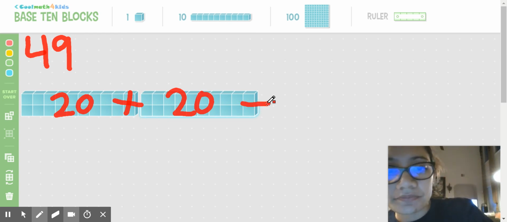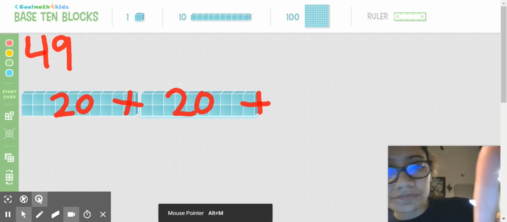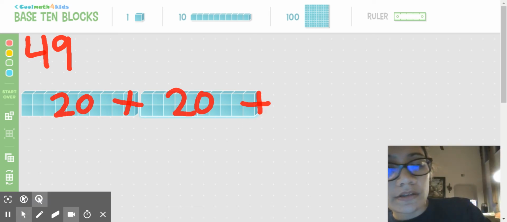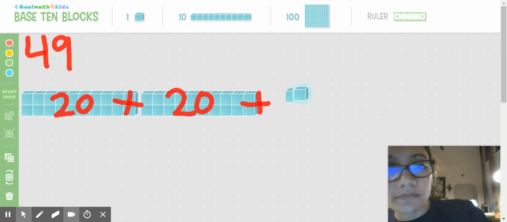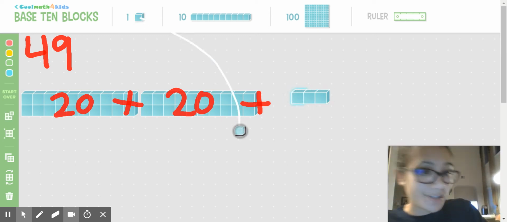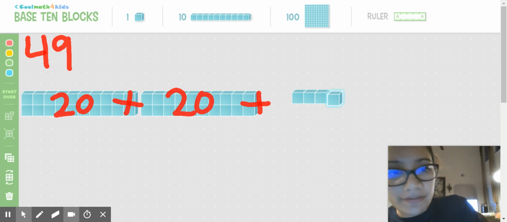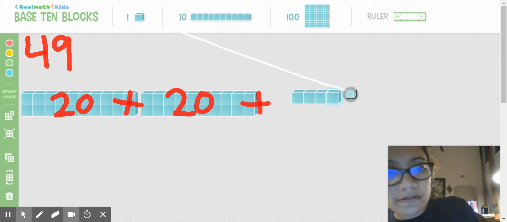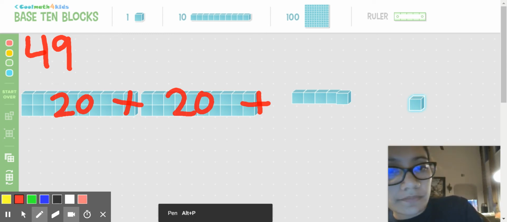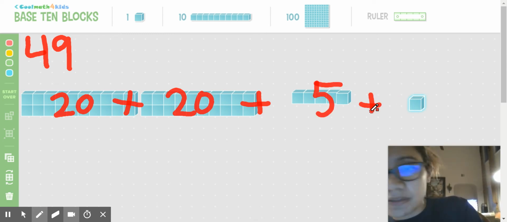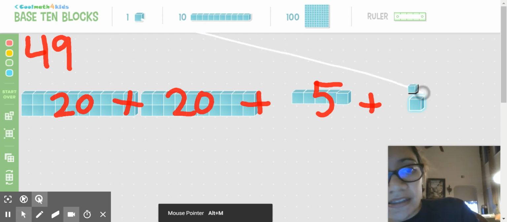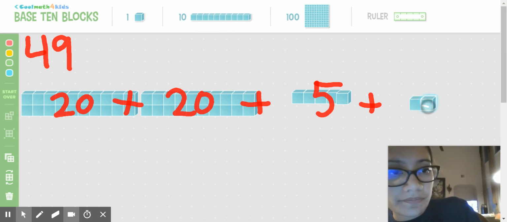And then I could possibly do 5 ones in one little group. See, I can put them together. It's so exciting. 5 ones. And then plus 5 plus, and I can put 4 of them together.